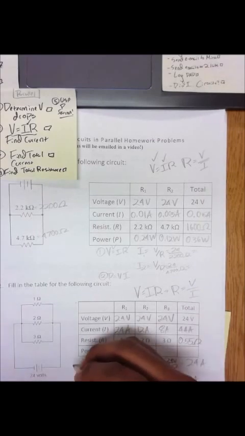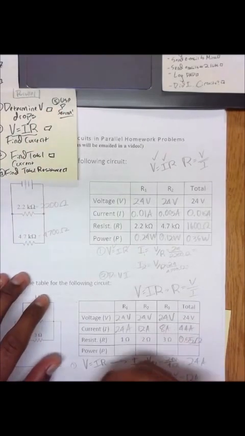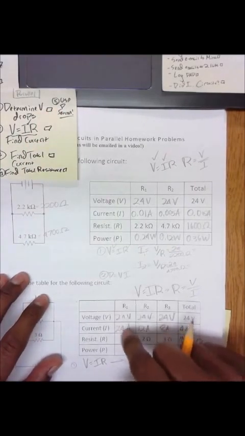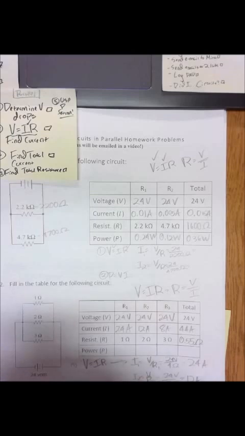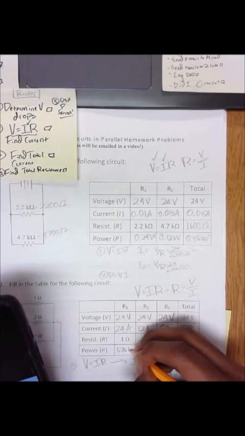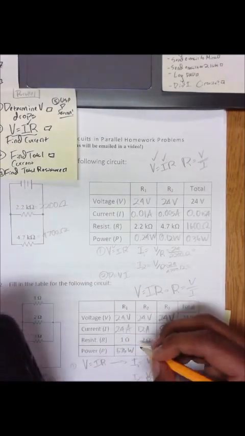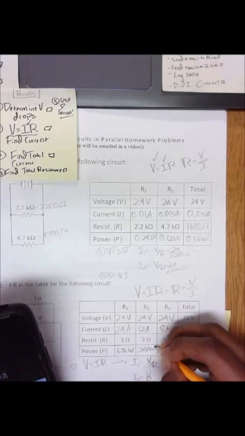And then finally, we have to use the power formula. P is equal to V times I for each of these. So you multiply voltage times the current. This is 576 watts. Wow, that's a lot of watts. That's 288 watts.